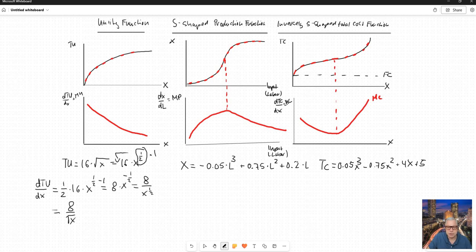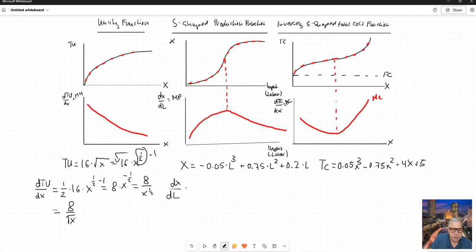Now let's take the derivative of the production function and derive the marginal product. In this case we have the change in output relative to the change in input, which is labor, because here we have labor on the right side of the equation.